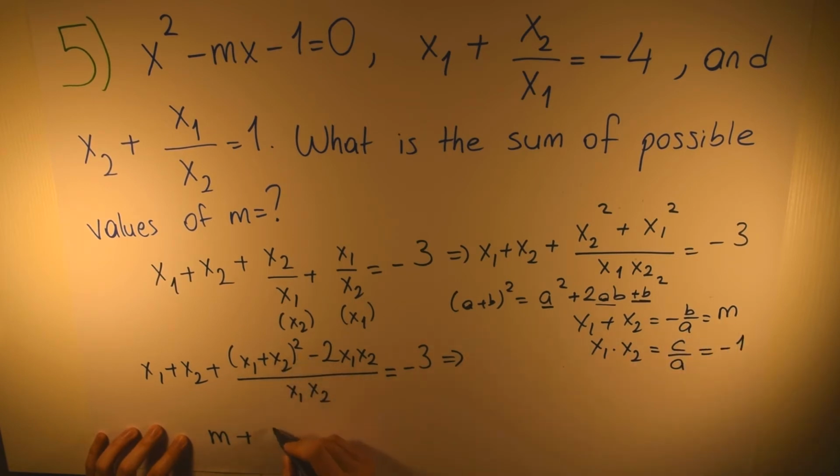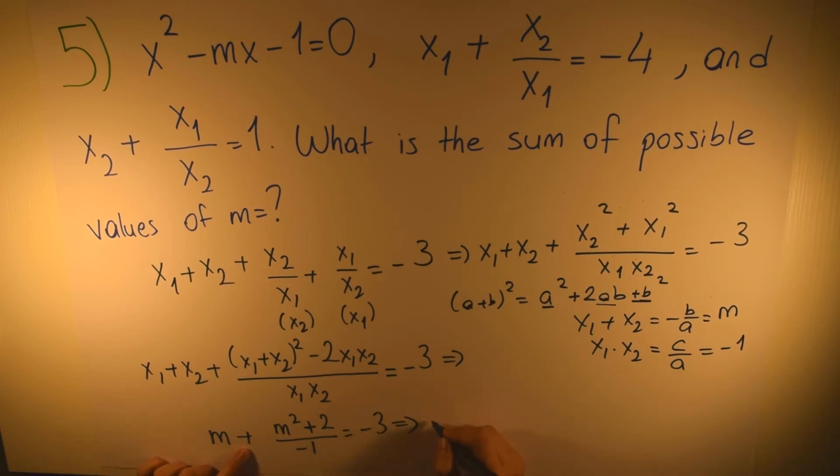So here I will write x1 plus x2, it's m, plus (x1 plus x2) squared, so it is m squared minus 2 times x1 times x2. It is minus 1, so it's minus 2 times minus 1, it's plus 2. Actually, it's plus 2 over x1 times x2, which is minus 1. So this is equal to minus 3.